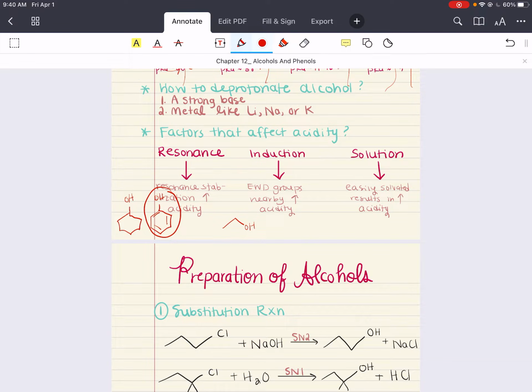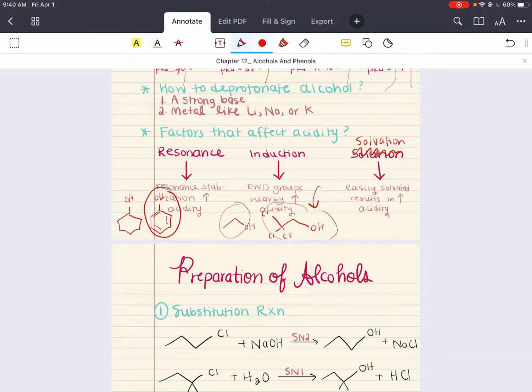We can do something very quickly here to demonstrate this. Something like this, just a normal alcohol, versus something like this, with Cl, Cl, Cl. If you compare your normal alcohol versus an alcohol that has these electron withdrawing groups nearby, this is going to be more acidic because of those electron withdrawing groups and the inductive effect they play. Solvation, not solution, I wrote this wrong. Solvation also plays a role in acidity.